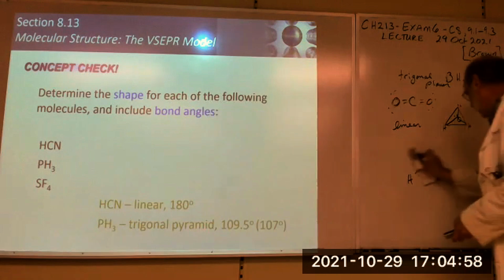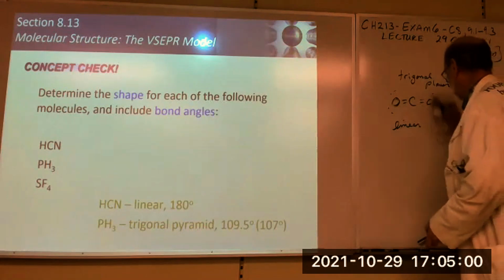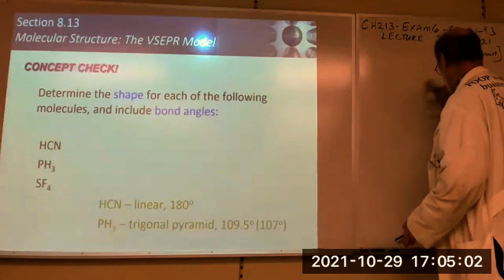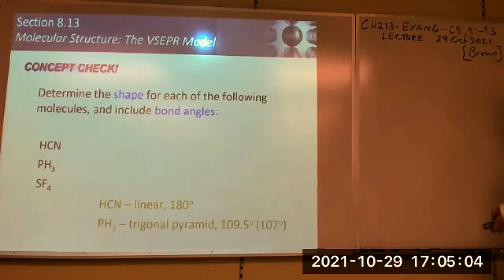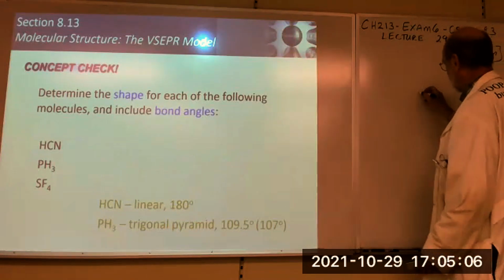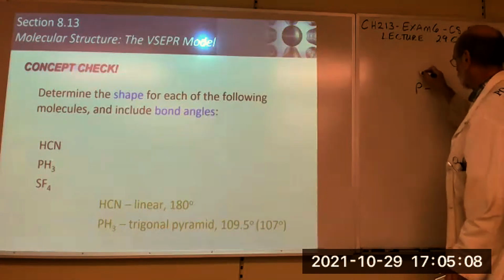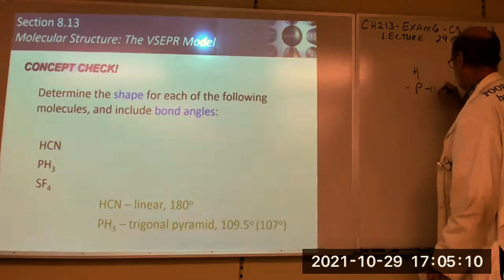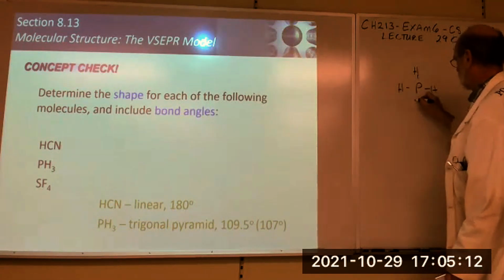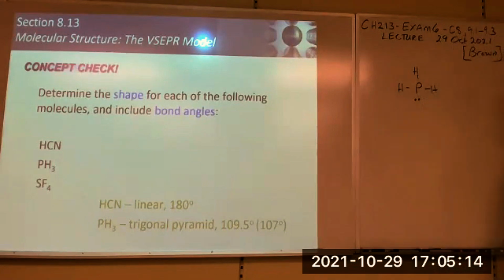Okay, let me explain, because we sort of jumped right into that one. So PH3, the Lewis dot structure is going to be like that, correct?